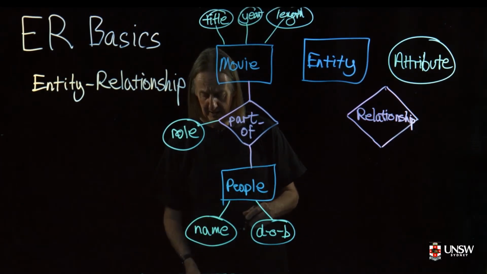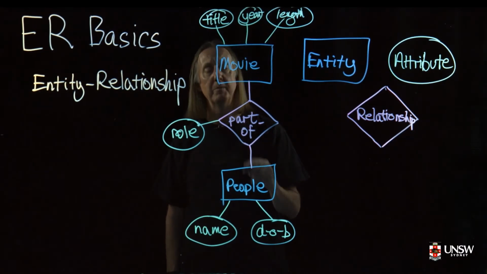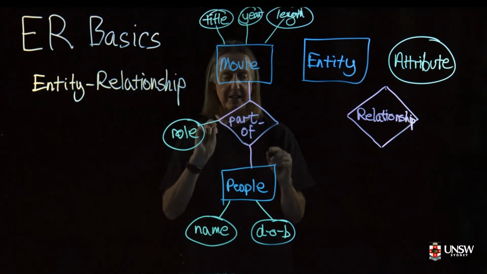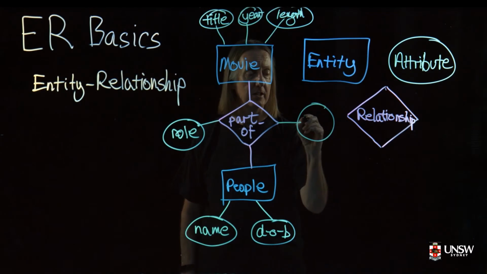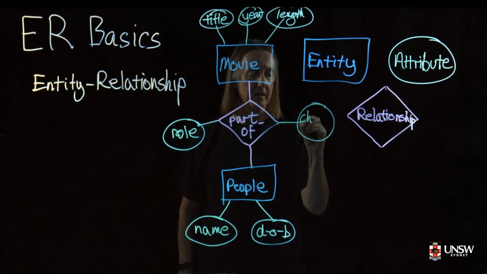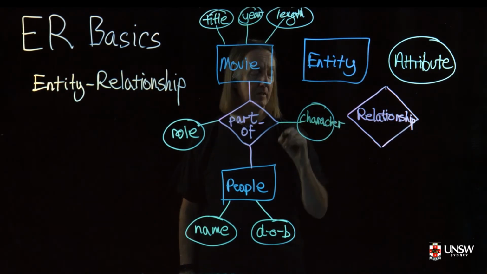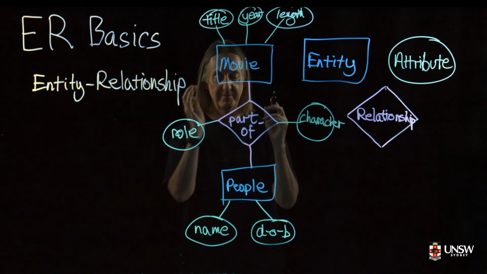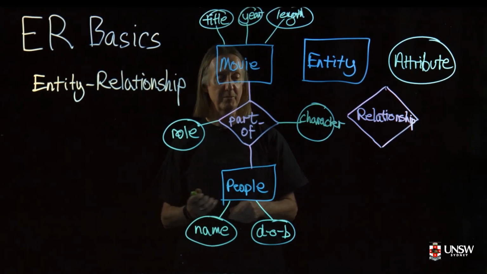The other aspect of the relationship between people and movies that I mentioned before was for actors and actors only. We might be interested in what character they played in the movie. So, forgotten his name, whoever played Harry Potter in all the Harry Potter movies.